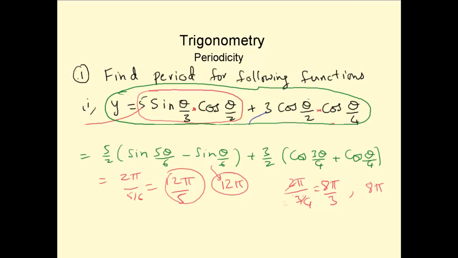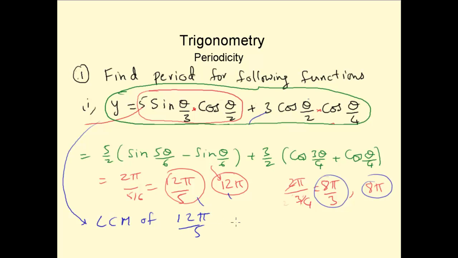Now the period of this whole function would be the LCM of the individual periods of each one of them: 12 pi over 5, 12 pi, 8 pi over 3, and 8 pi.